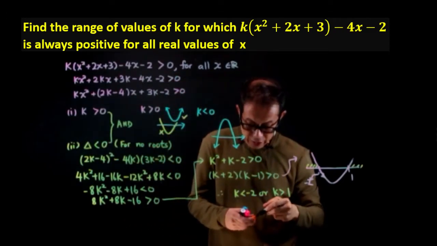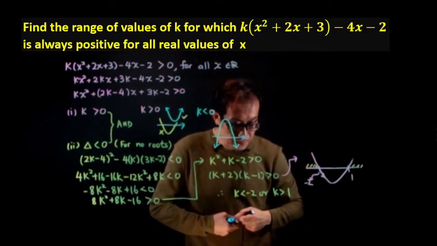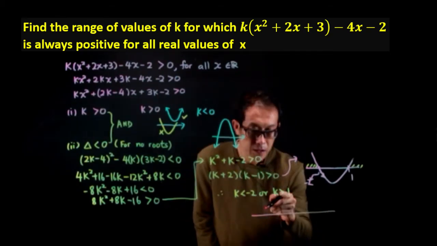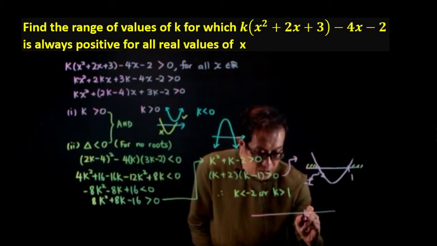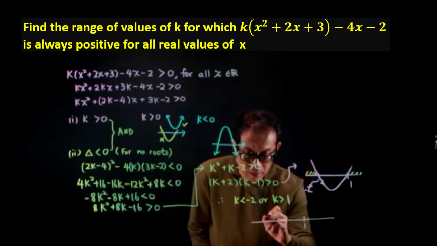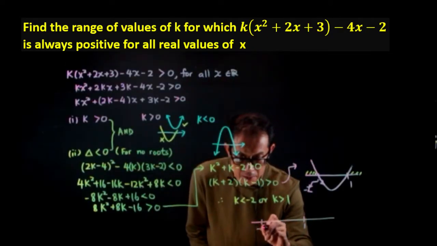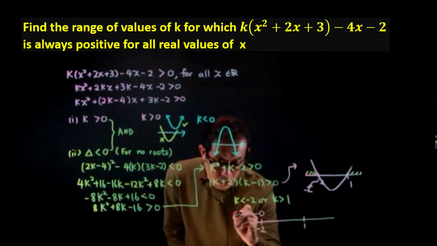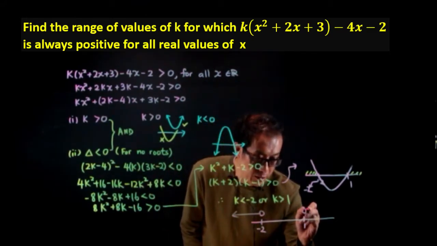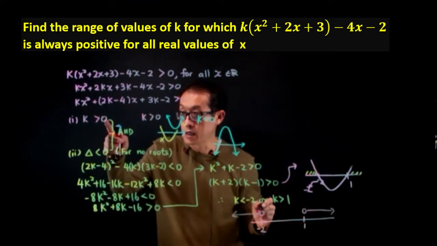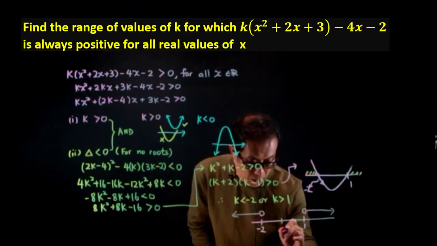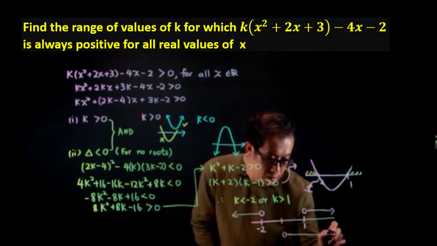Now, if we draw a number line, this is 1, this is minus 2. So this is less than minus 2, and this is greater than 1. But what is the earlier condition? k must be greater than 0. So the other one is k greater than 0.